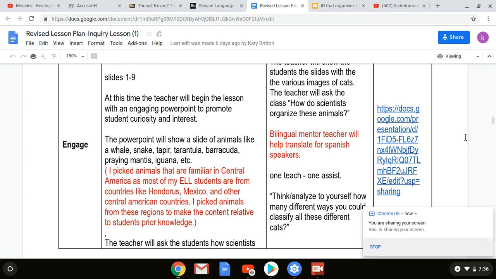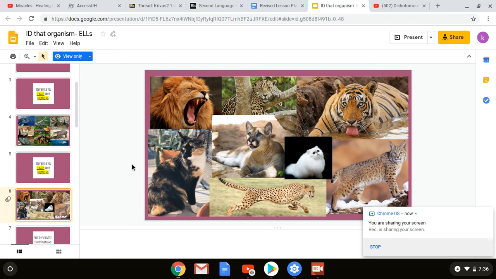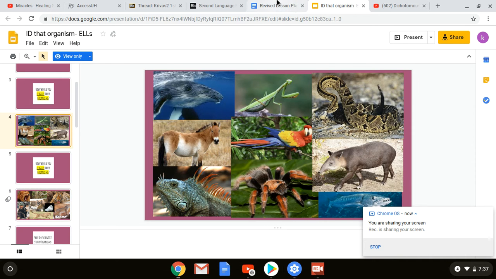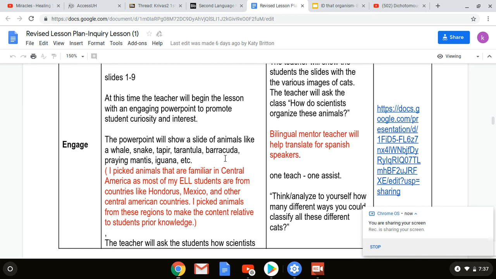And I also really like that you put animals from their native countries like Central America, Honduras, and Mexico, and that's important because it's connecting to ELA students' background knowledge, because by looking at those animals, they can quickly recognize them and know what they are. We also learned that that is important and they can relate to it, and I really like that you did that. That was a very good idea.